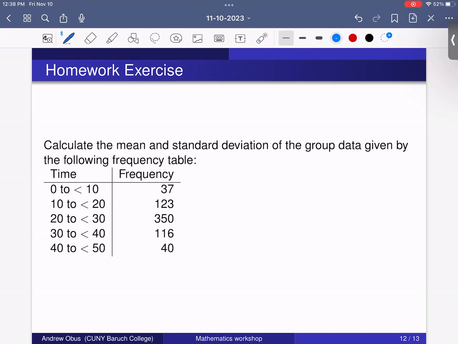Let me just recall for you, for the mean, if xi are midpoints, then the mean by definition is the sum of the fi times the xi. So each xi gets multiplied by the frequency and then divided by n, where this n is the sum of the frequencies.